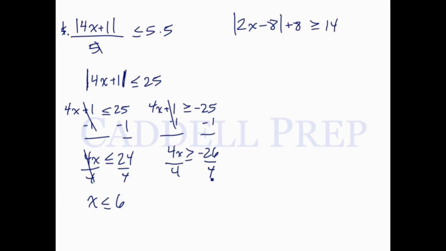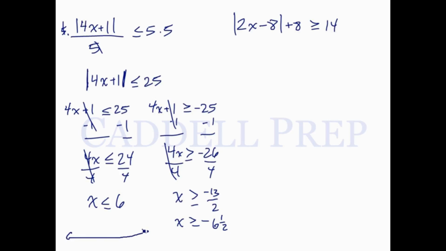Divide by 4, divide by 4. We're dividing by a positive number, so it doesn't get flipped. It stays. X is greater than or equal to negative 26 over 4. And we can reduce this. It's actually negative 13 over 2. Or as a mixed number, it's going to be negative 6 and a half.